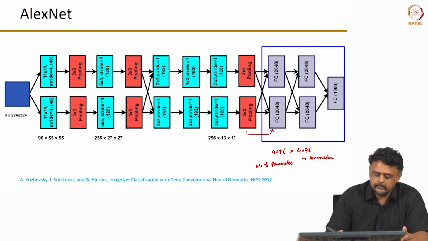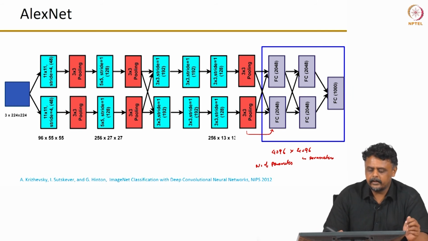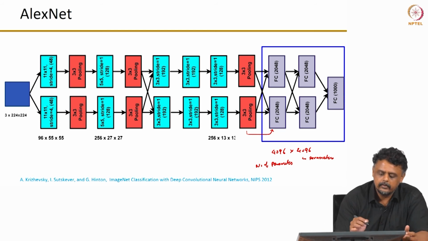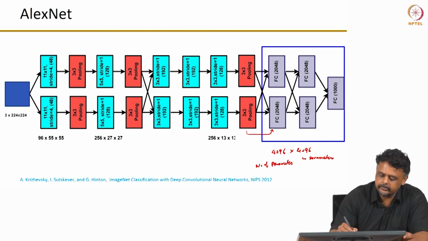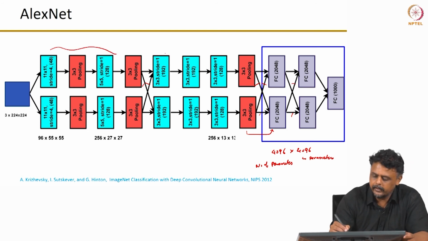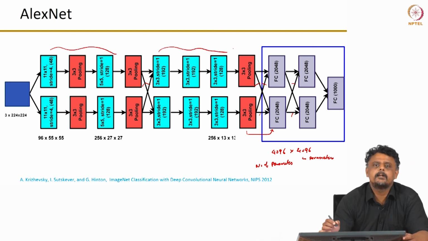Okay. So, there is another innovation here, as I referred to: the 2 pathways. If you look at how the training was spread across 2 GPUs, you will see that except for the layers where I have the cross arrows, in all the other layers the computations are restricted to the feature maps in that GPU.